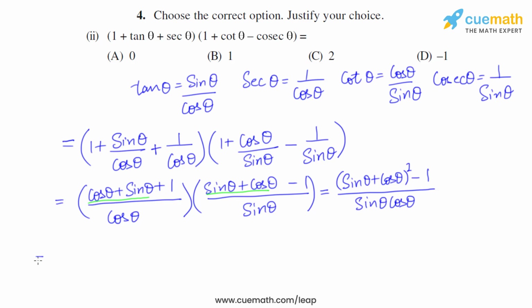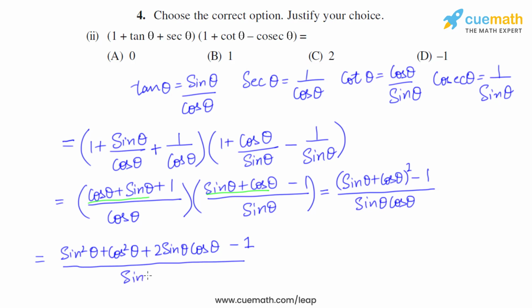Then we can expand the A plus B whole square in the numerator. So we will get sine square theta plus cos square theta plus 2 sine theta cos theta minus 1 upon sine theta cos theta, and sine square theta plus cos square theta is 1.